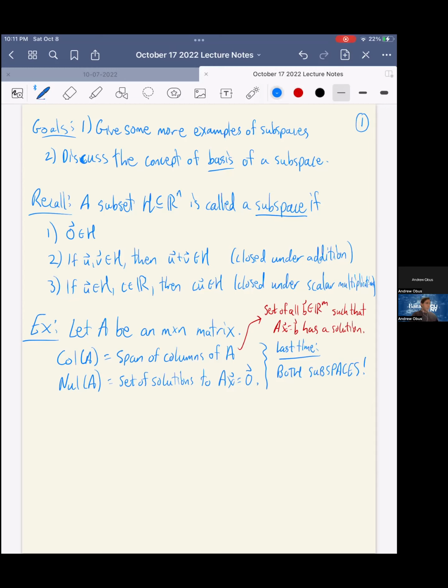Let's look at an example to compute these things. Let me also recall that if I take any vectors v1 through vp in Rn, then the span of v1 up through vp is a subspace of Rn.